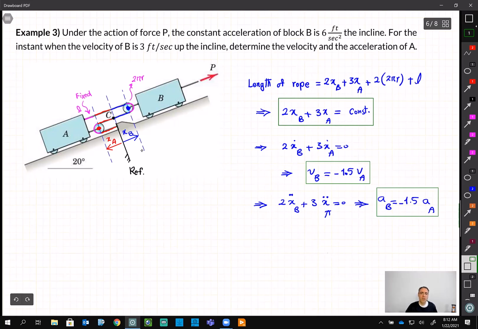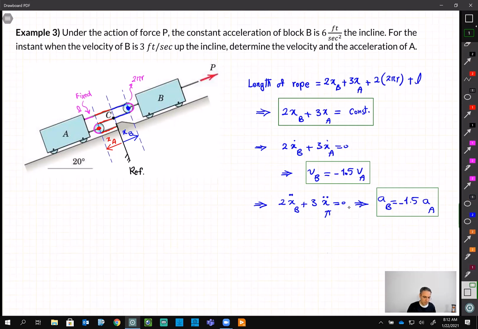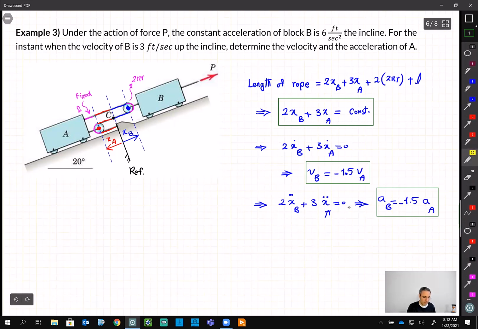If somebody looks at your diagram, looks at your values, they understand what this negative means, right? And you have the values, you can just plug them in. The question gave you VA, VB, and you're done. I'll give you a moment to write, and later you can just substitute these values, right? You have B information for velocity and acceleration.